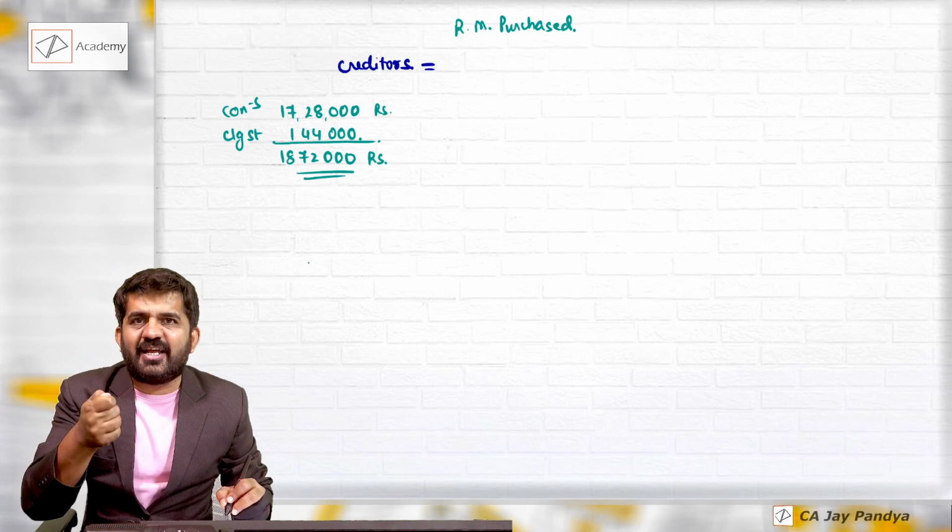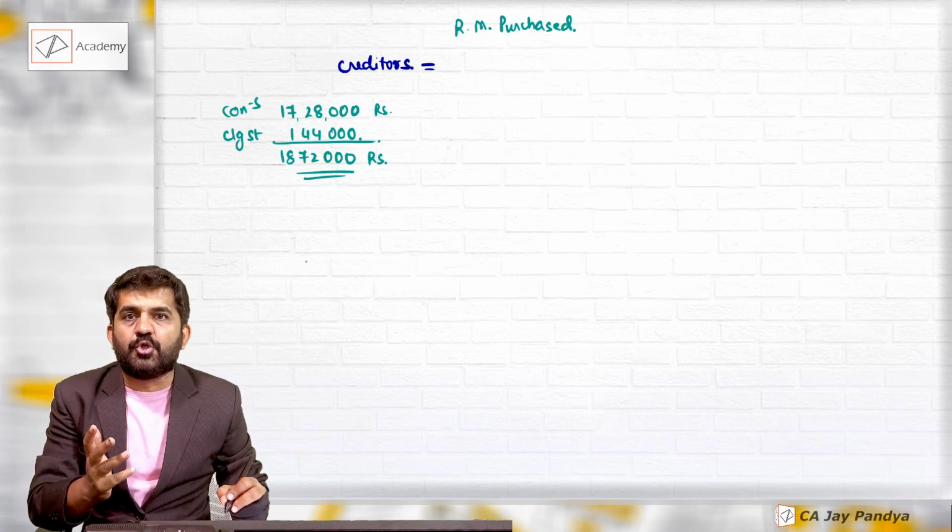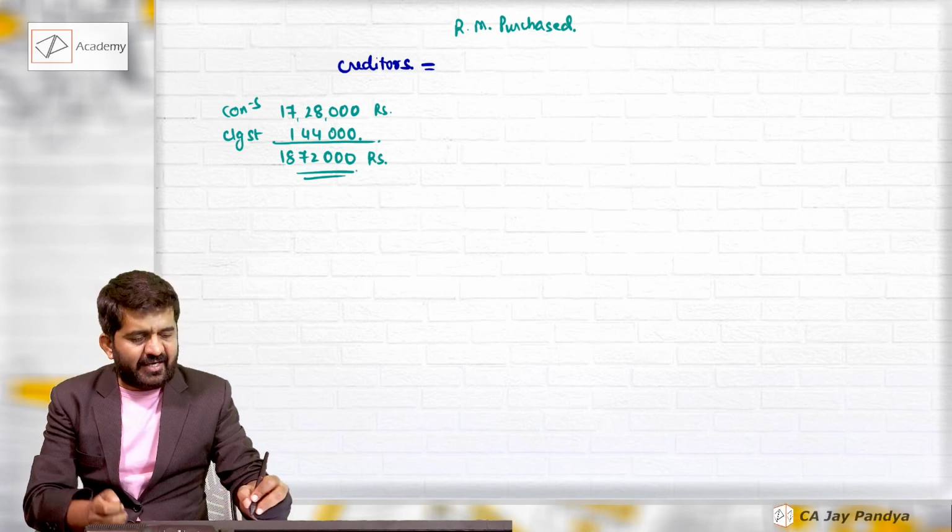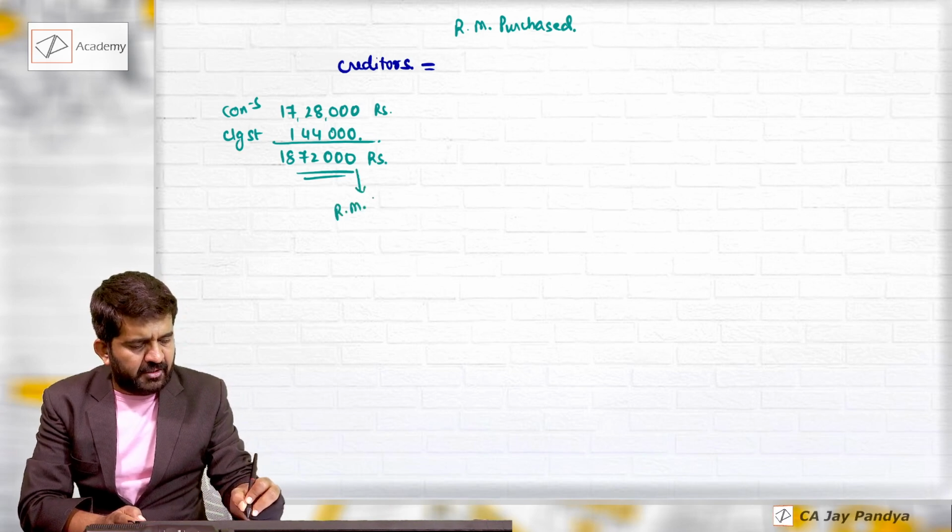What is 17,28,000? Raw material consumed. What is 18,72,000? Raw material purchased.